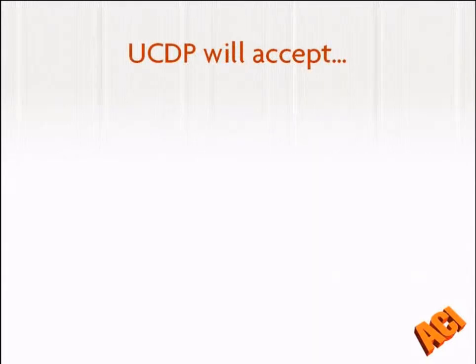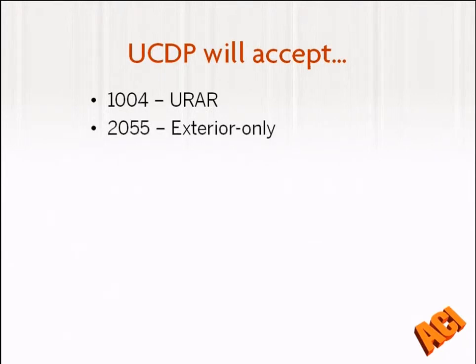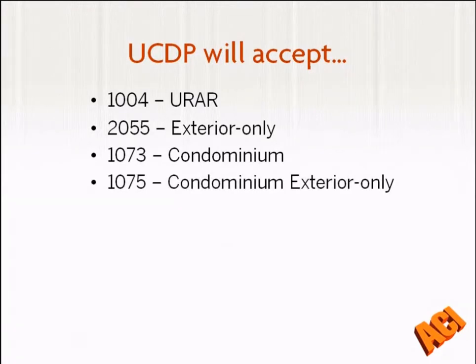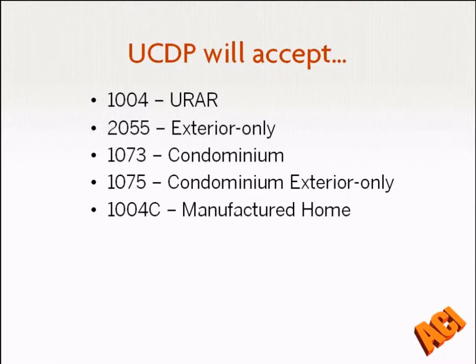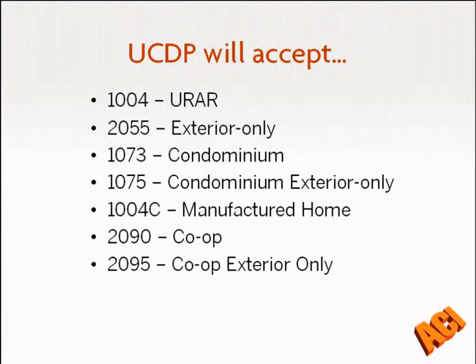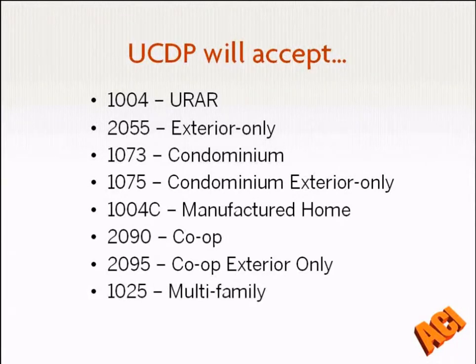UCDP will accept the 8 conventional appraisal forms: 1004 URAR, 2055 Drive-By, 1073 Condo, 1075 Condo Drive-By, 1004C Manufactured Home, 2090 Co-op, 2095 Co-op Drive-By, and 1025 Multifamily. However, UAD standardization is applicable to only 4 of those forms.